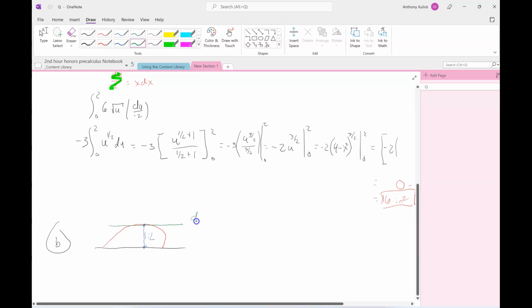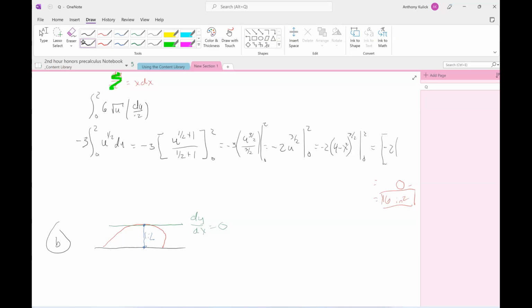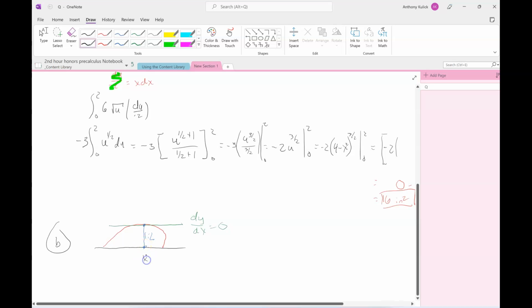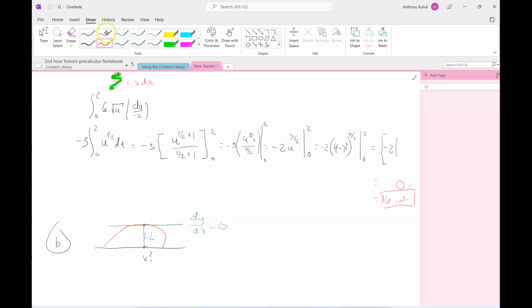The derivative has to be 0 there, right? So I'm going to use that to solve for the value for x. Once I've found that value for x, I can find the c. So I'm curious about what this x is.